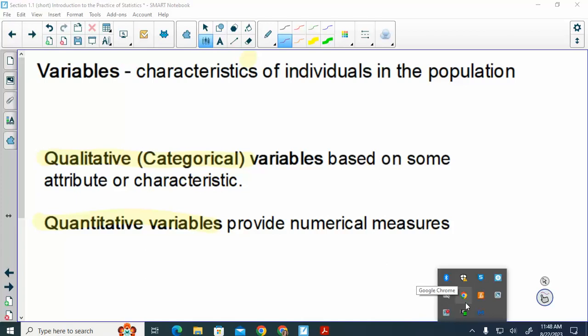I do want to warn you, you can't just assume everything you see with a number is quantitative, because sometimes we use numbers but they don't have a numerical meaning. For instance, like your bank account, right? You have an account number, but is that number really numerically significant?